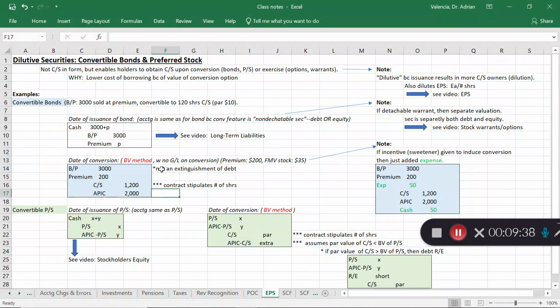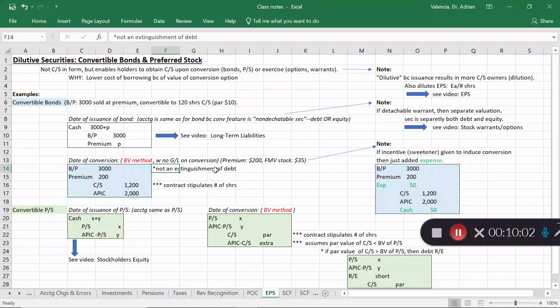Now, I've got a couple little notes or extra things I want to mention here. The first one is, don't confuse this transaction with an extinguishment of debt. This is not an extinguishment of debt. If you go back to an earlier video where I discussed this, under an extinguishment of debt, this is when the company buys back that bond before it matures. And when I say the company, I mean the borrowing company.